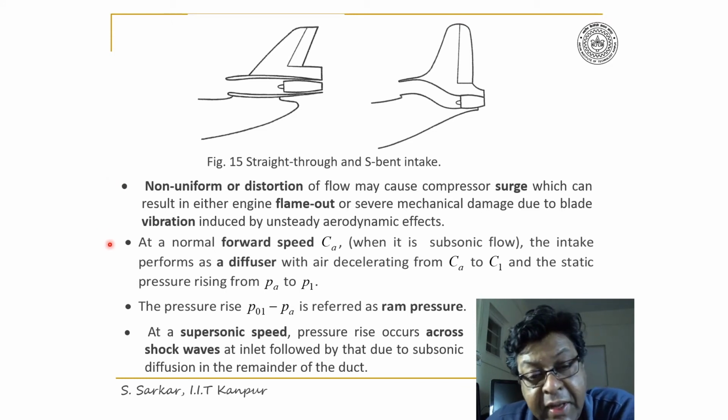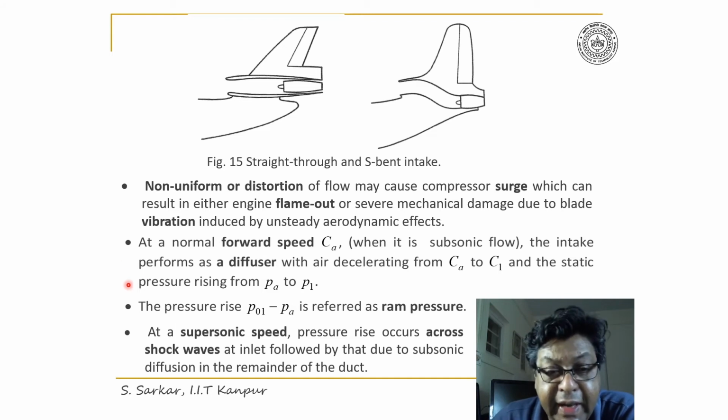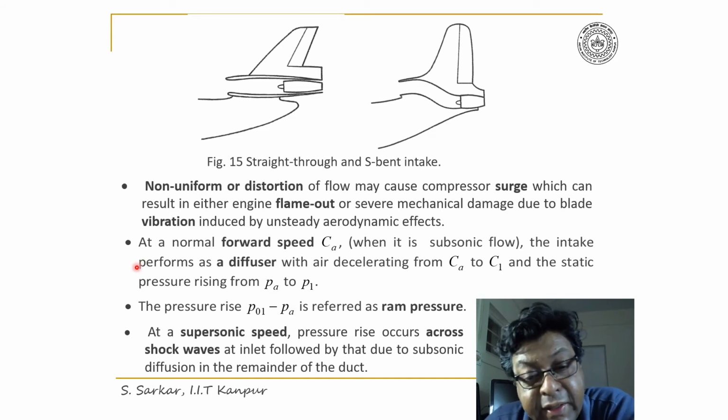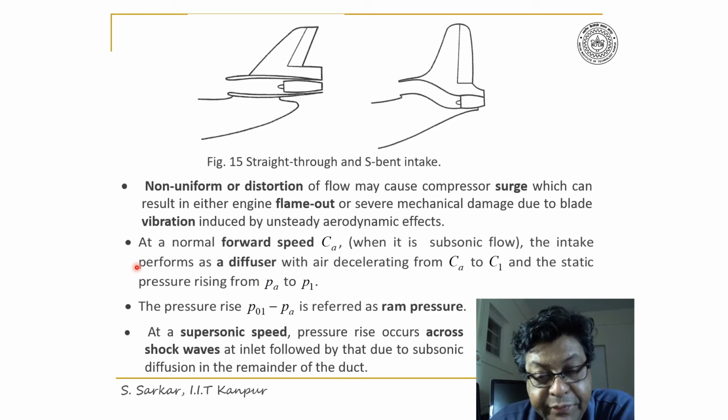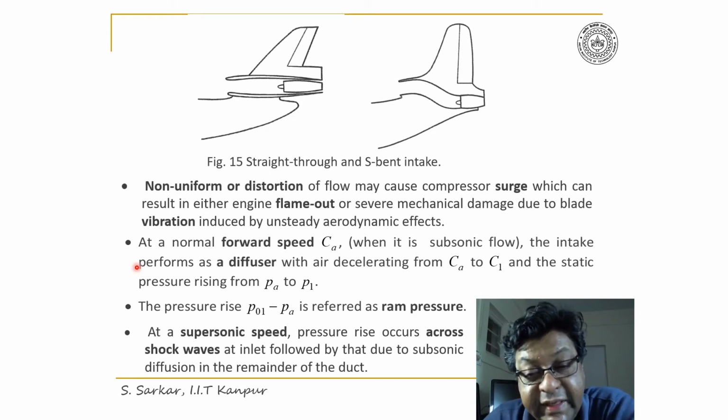Further, at a normal forward speed CA, where CA is considered subsonic, the intake performs as a diffuser with air decelerating from CA to C1 and the static pressure rising from PA to P1.